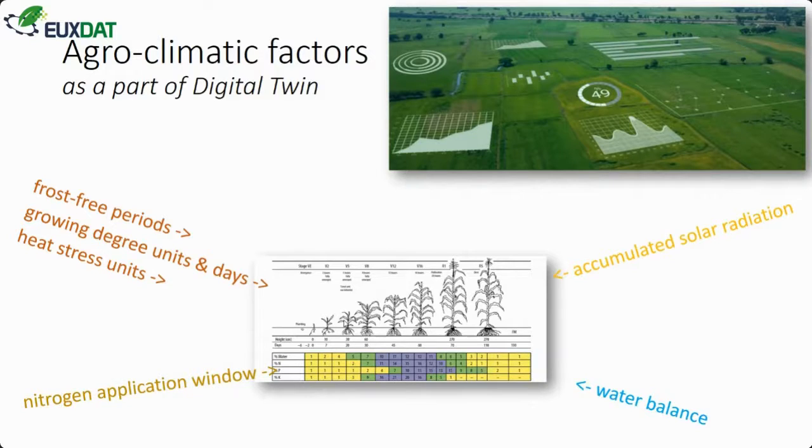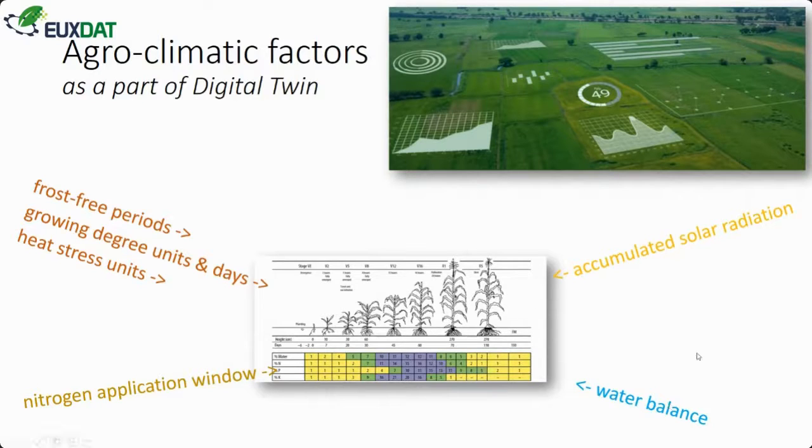And another type of agroclimatic factor is to calculate a time window in which it's suitable, after the season, to apply nitrogen into the soil, so you ensure that the nitrogen will stay in the soil and doesn't disappear. So these are factors which differ from place to place, and we can describe each particular place by these factors.